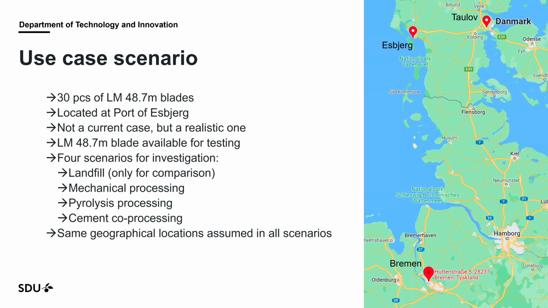So in order for transportation not to be the deciding factor tipping between the different technologies, we assumed that we would use the location in Bremen, where up until recently, Neova and Holcim had their plant for cement co-processing, because that was currently the only alternative we really had to landfill, and therefore we thought that is a good comparison. So moving onwards, we are assuming that these facilities are actually in Bremen. Yeah, and again, you can question that, but we just need to set certain standards, right?